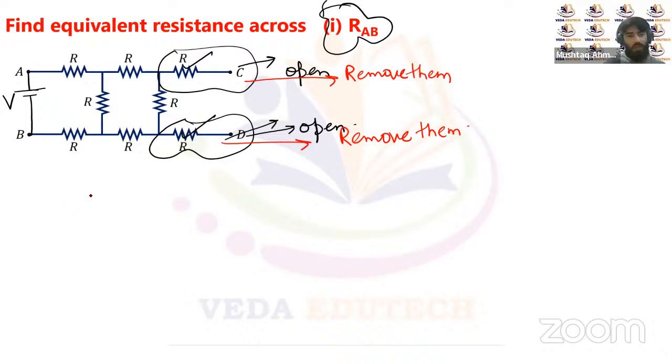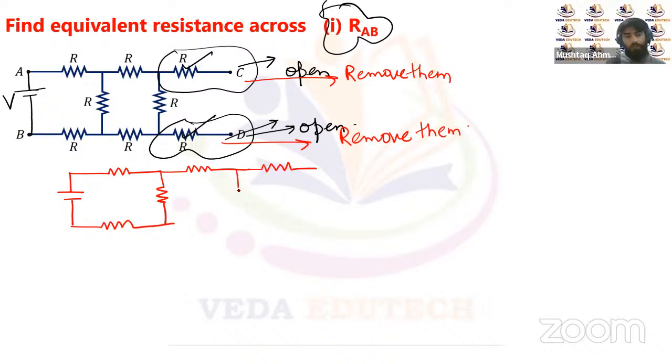So our equivalent circuit will be just reduced to this circuit. This will be the new circuit here.